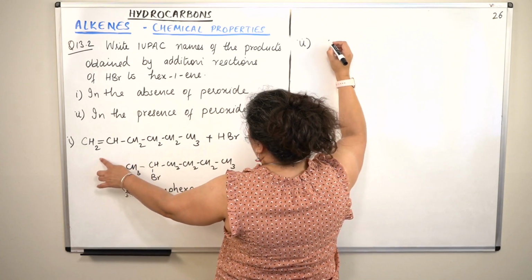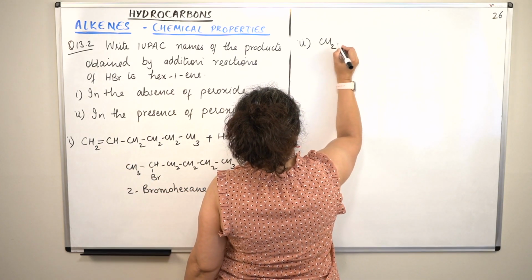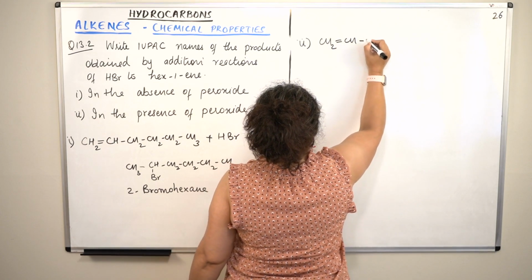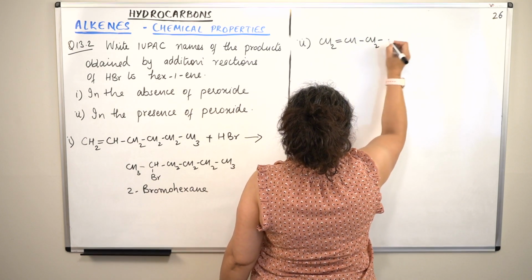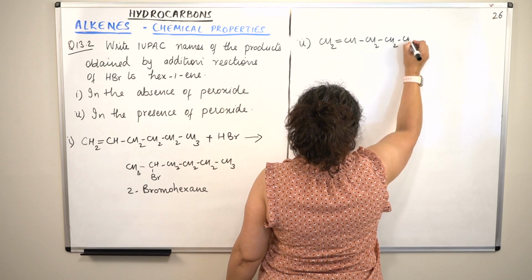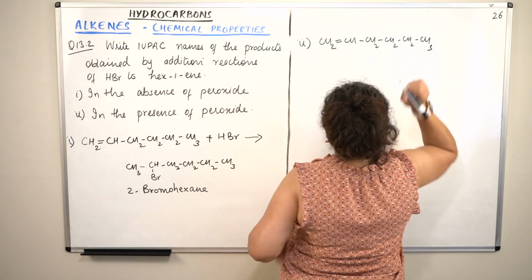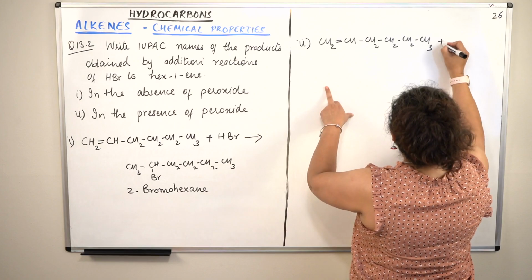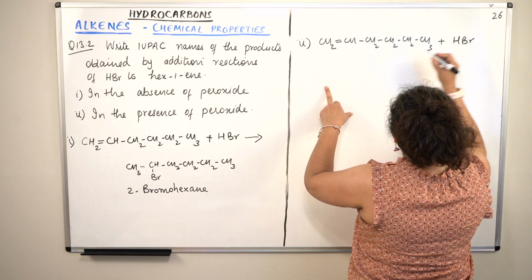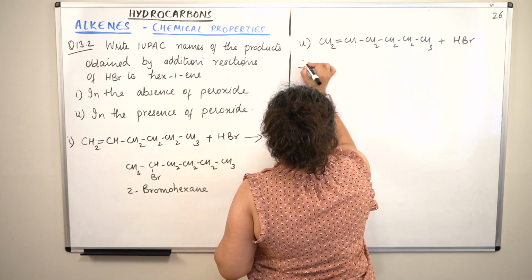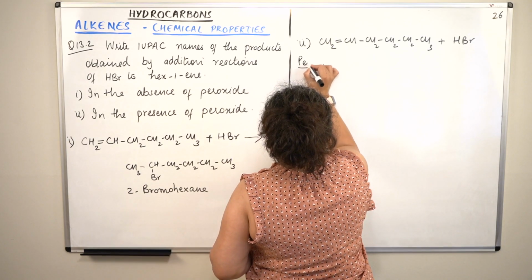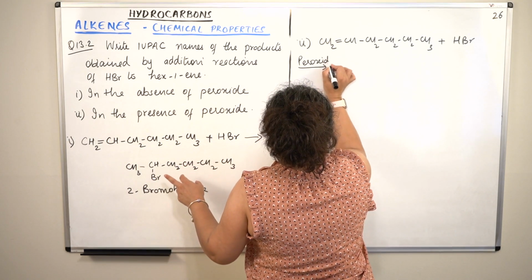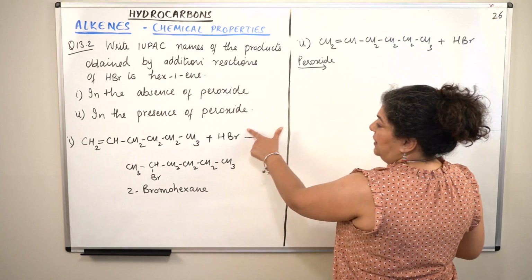In the presence of peroxide, again we'll write CH2 double bond CH, CH2, 1, 2, 3, 4, 5, and 6 carbons. Plus HBr. This time it is in the presence of peroxide. For the absence of peroxide, you don't need to write anything. It is understood.